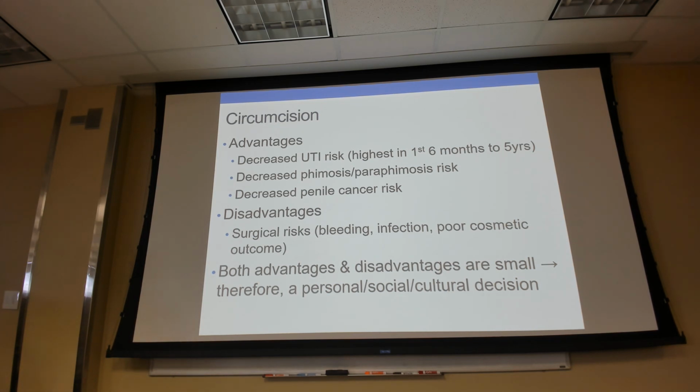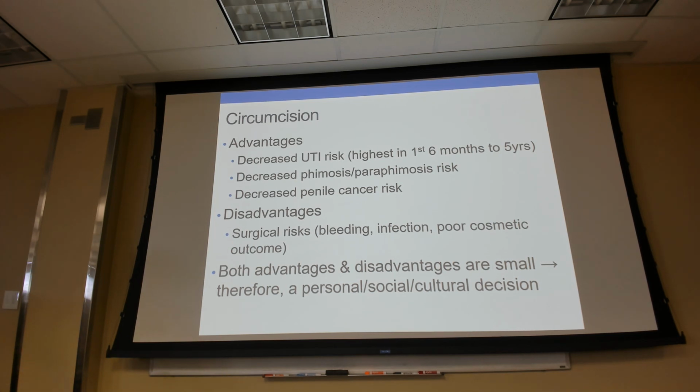So circumcision does carry a decreased risk of UTI in that first year. It also, if you don't have the foreskin there to have phimosis or paraphimosis, then you don't have to worry about that. And over the lifetime, you will have a decreased penile cancer risk. You have less aberrant cells that are covered up with another layer. You are less likely to have this.